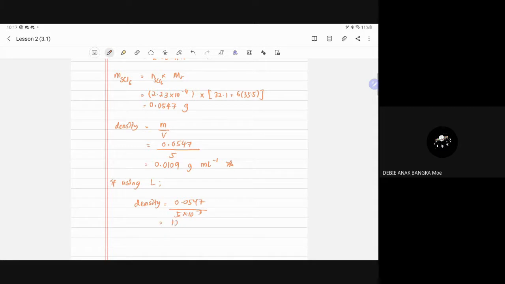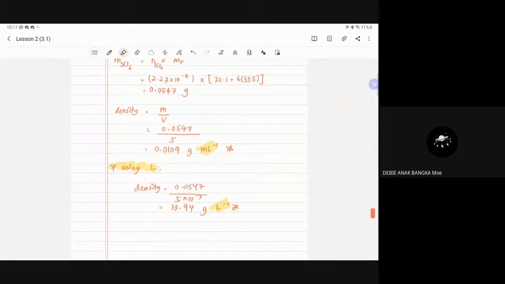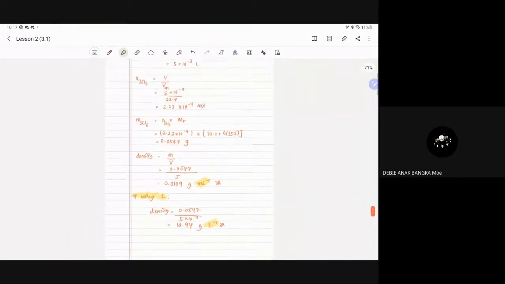Kamu akan dapat 10.94 gram sebab ini adalah dalam bentuk liter per liter. Jadi the unit is very important here. Okay. So pastikan jawapan kamu bersertakan dengan unit yang betul, yang tepat. So that's how you answer this kind of question. Jelas?